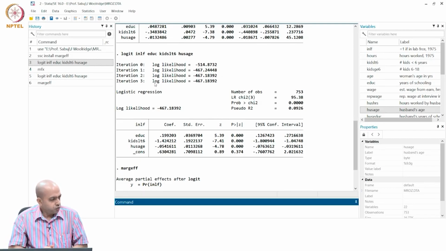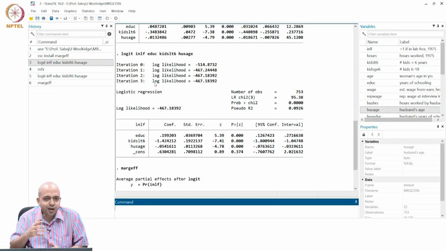Now, once you are done with the marginal effects, there is another important thing about the marginal concept. See here, when I am calculating marginal effect, you need to specify the x values at the sample average, because you need to calculate pi hat. So, when the number of kids changes by 1 unit, that means from the sample average to 1 unit change.